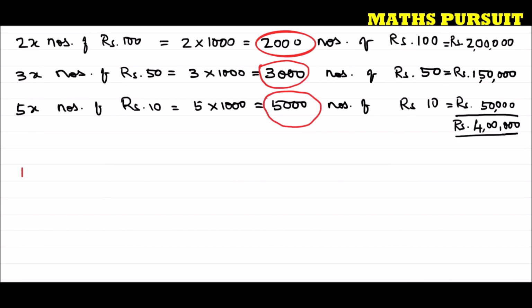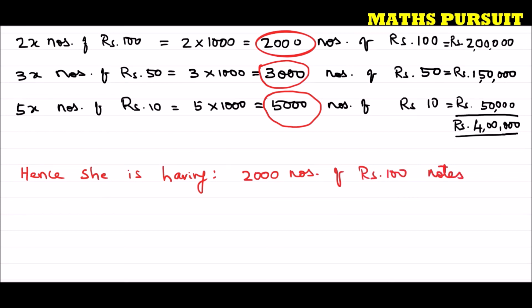So we can write, hence C is having 2000 rupees 100 notes, 3000 rupees 50 notes, and finally 5000 rupees 10 notes.